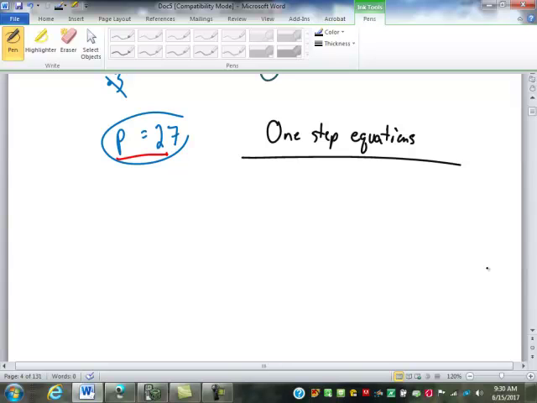Most equations are what we call two-step equations. The most common equation you will solve has two operations required to build it.